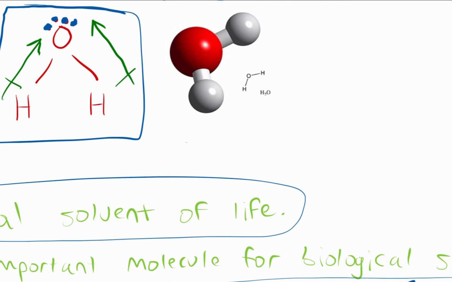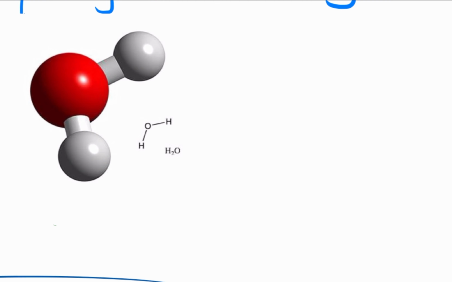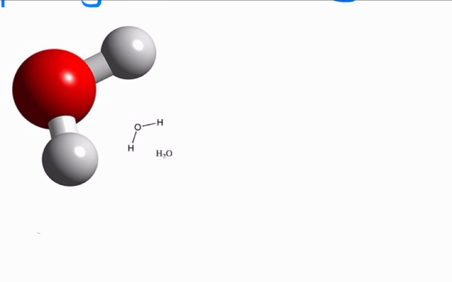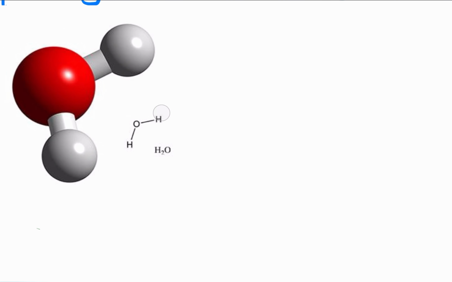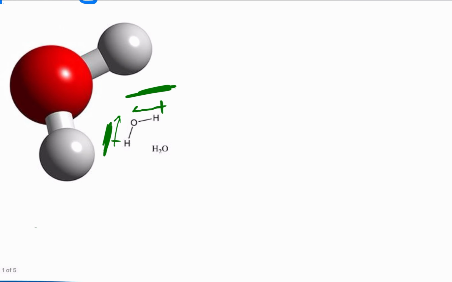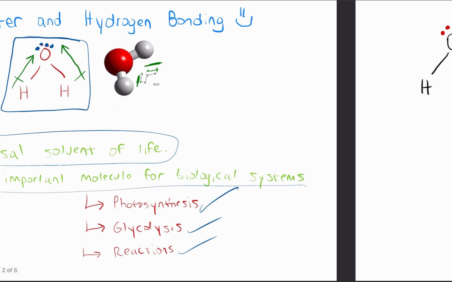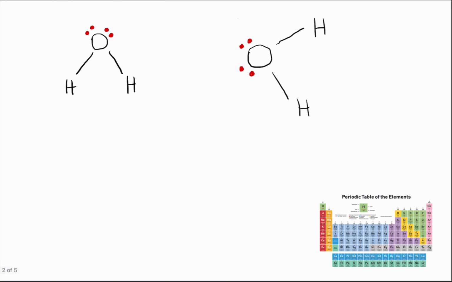So if we look at our ball and stick diagram right here, we can do the same thing, where this oxygen is more electronegative than these two hydrogens. So all the electrons are being pulled towards that oxygen. Now, why is this important? Well, if we go over into our next slide, we have two water molecules here.